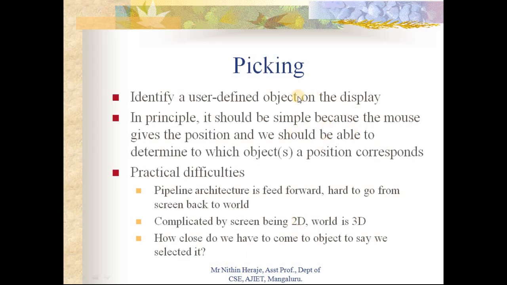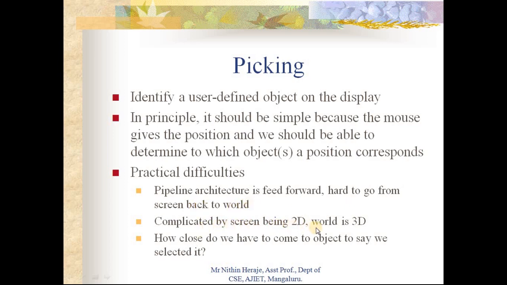So, identify a user-defined object on the display. In principle, it should be simple, because the mouse gives the position and we should be able to determine to which object a position corresponds. But the practical difficulty is that the pipeline architecture is feed forward. It does not go backward as such, and it is hard to go from screen back to the world coordinates.